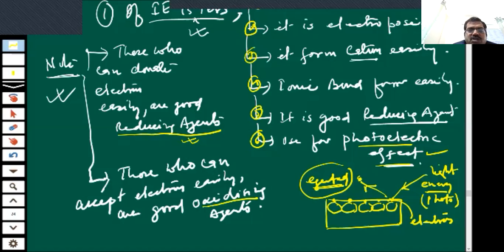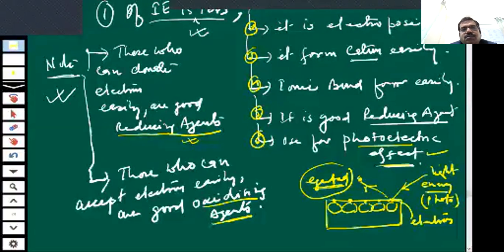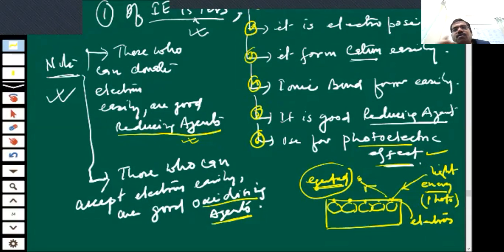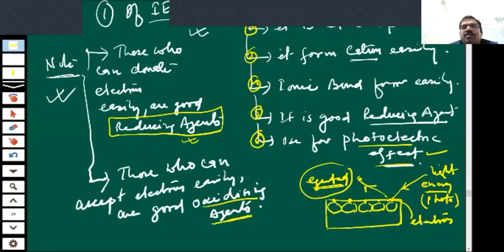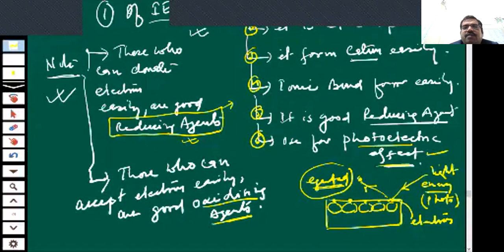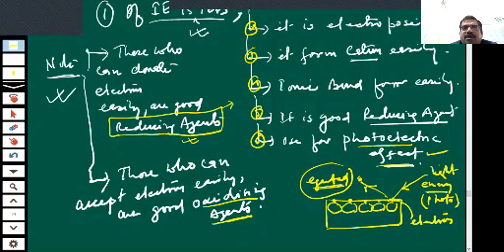And oxidizing agents: those who can accept electrons easily are good oxidizing agents. Okay, children, note it down. The points which I say I will explain later, time is not there to discuss now. I will explain them.